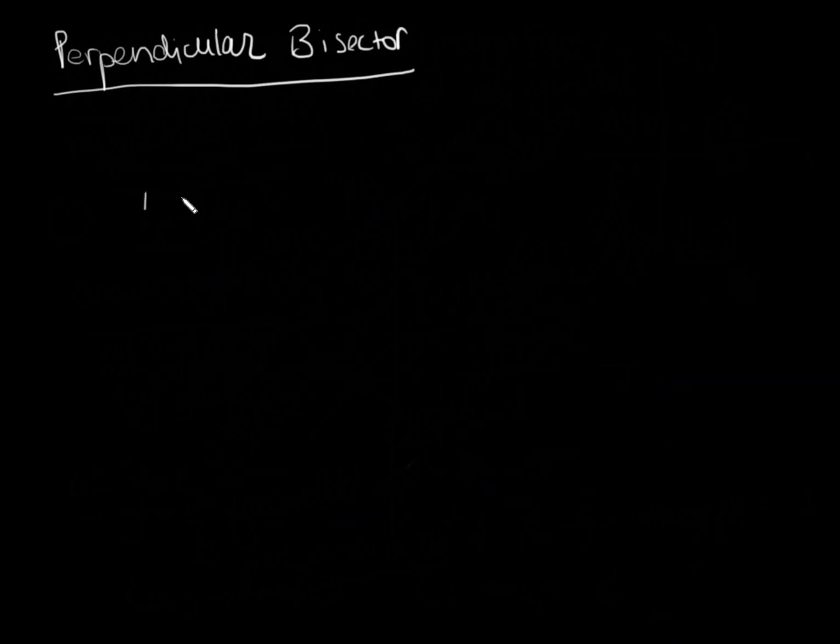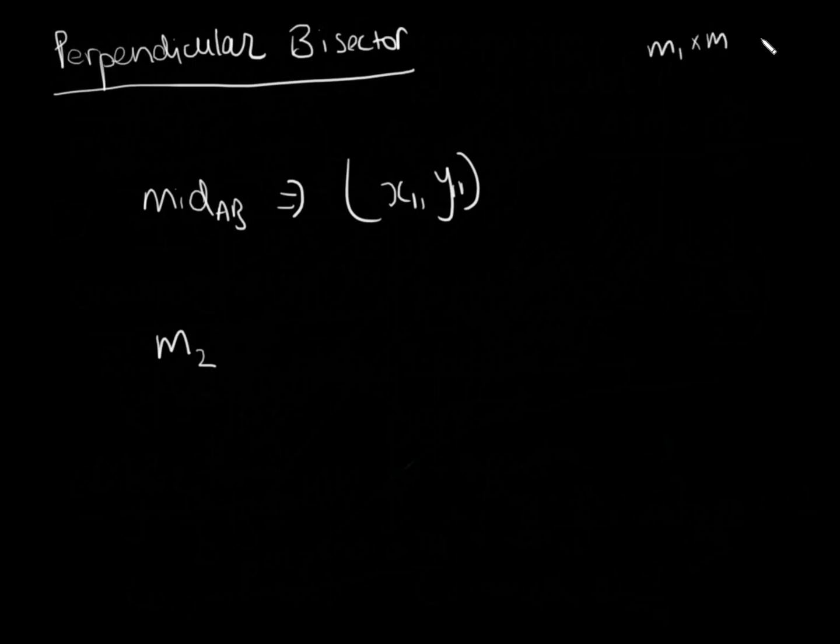So at this point, we have the midpoint of AB, which is a coordinate x, y. We'll just call it x1, y1, because it will make it easier for you guys to understand what I'm talking about later on. So we have the midpoint of AB at coordinates x1, y1, and we have the gradient of the perpendicular bisector, m2, which we found using this formula, m1 times m2 equals -1.